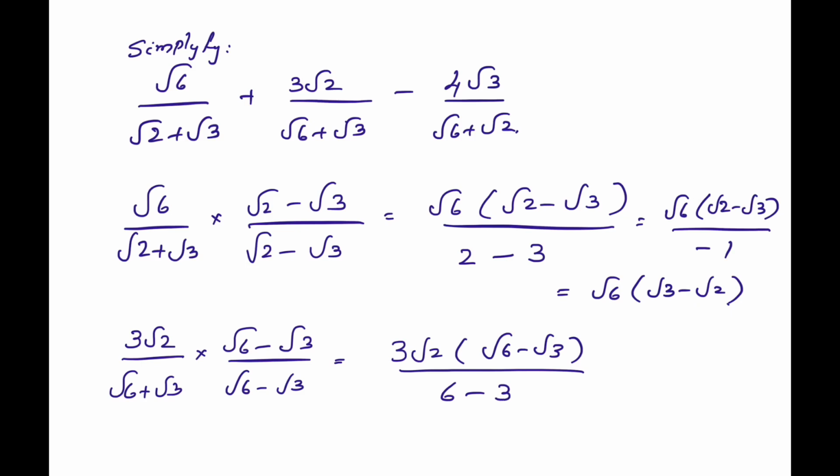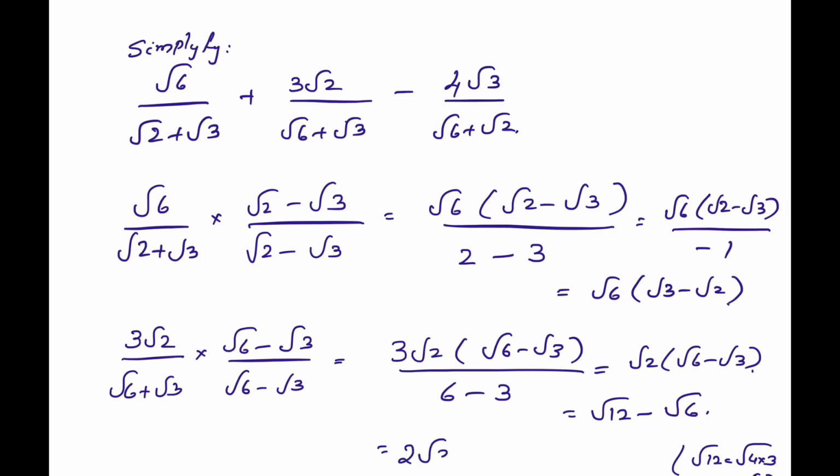That is 3, and 3 will get cancelled and it will be root 2 into root 6 minus root 3, which can be written as root 12 minus root 6. Now the root 12 can be further simplified: root 12 is root 4 into 3, so it is 2 root 3.